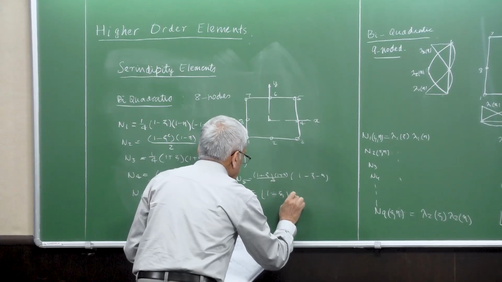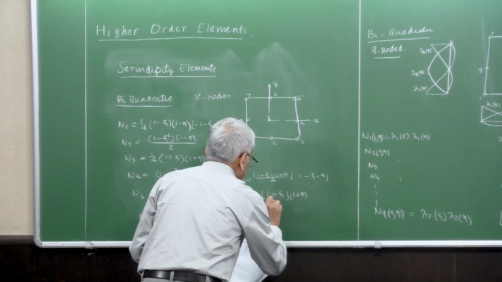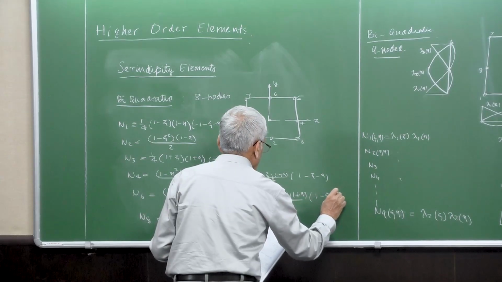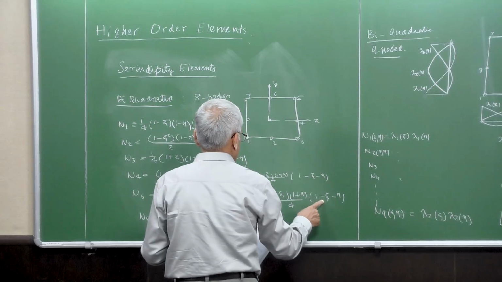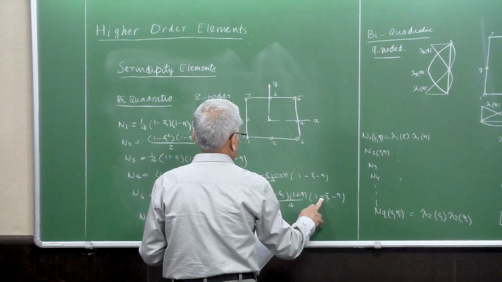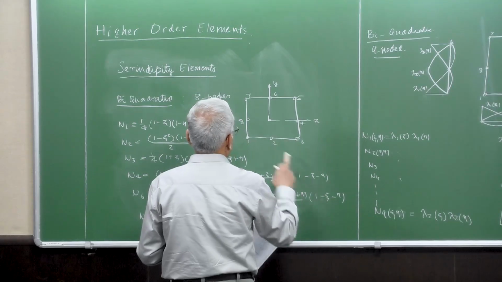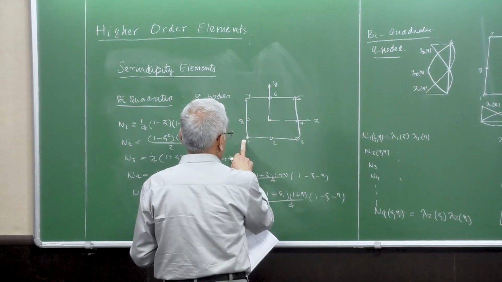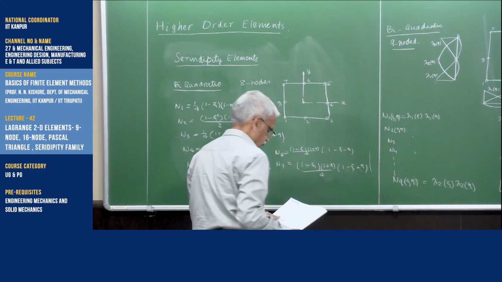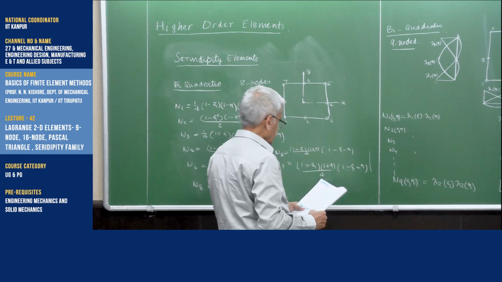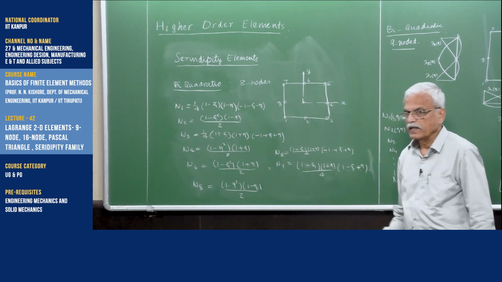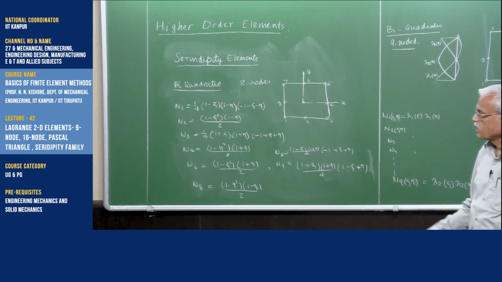I think these should be checked. They should be at N7. It should be zero here, at minus 1, minus 1. I think it should be checked, please. These can be checked from any textbook. Okay, so those complete the 8 shape functions.